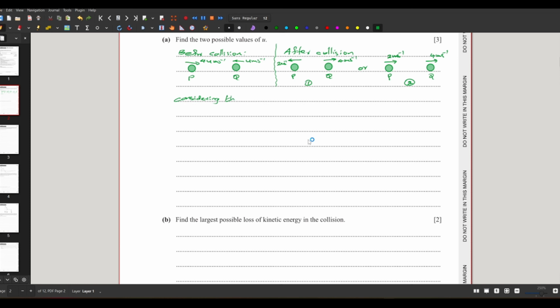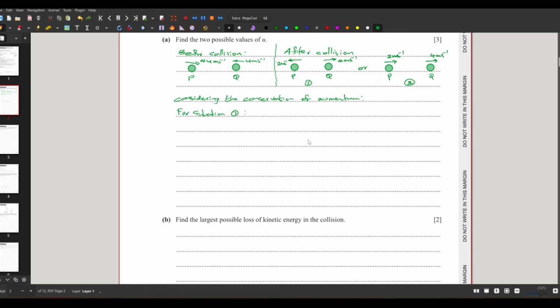For situation one, let's consider all momentum to the right direction as positive.